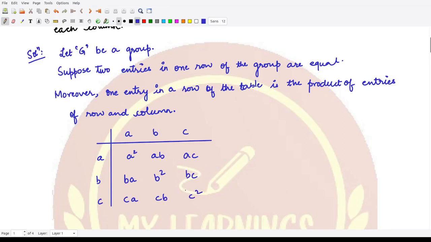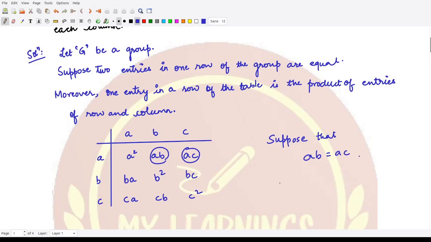Now here we are assuming that this element and this element are equal. So suppose that AB is equal to AC, right?